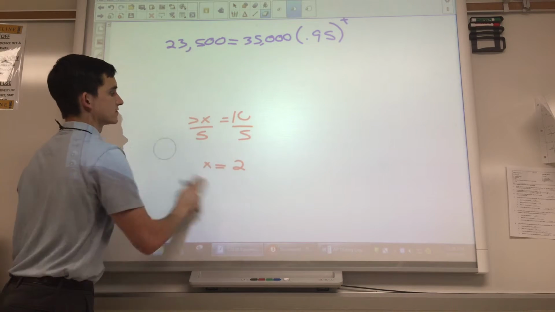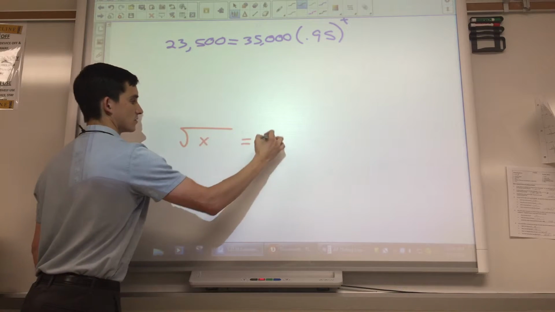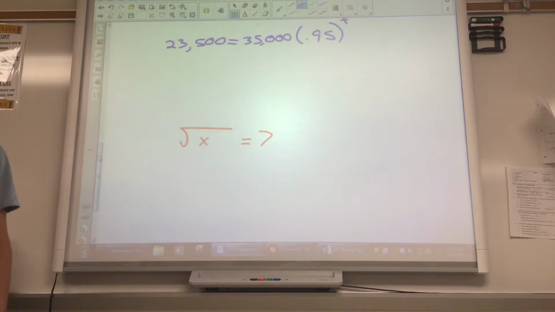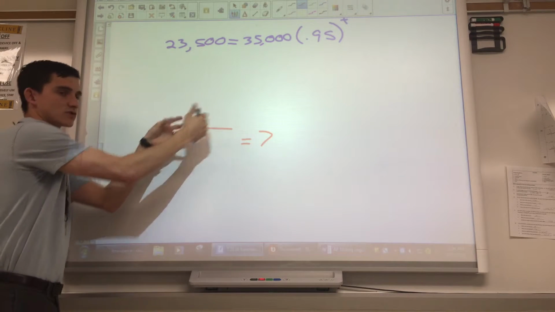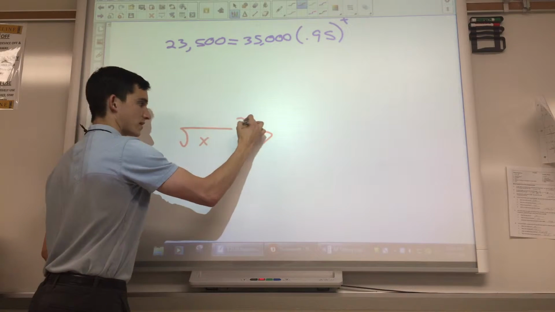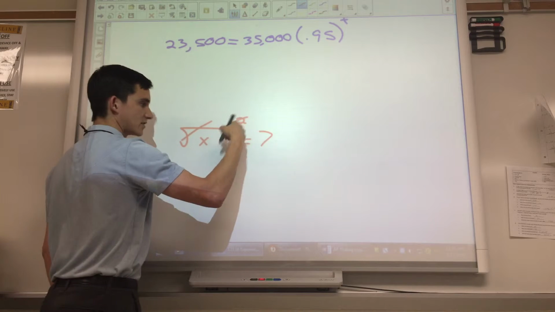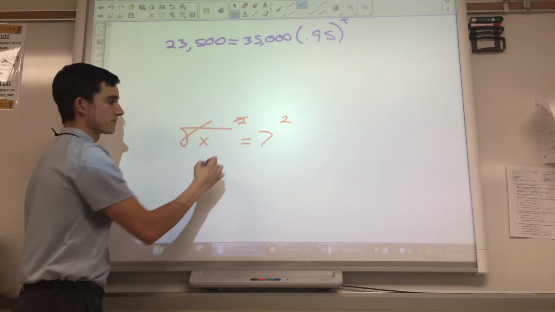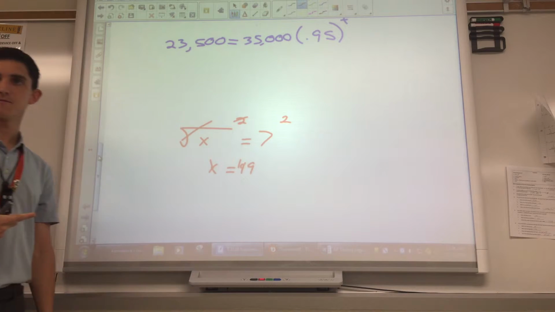How do I get rid of something like the square root of x equals 7? How do I get rid of that? Square. Right? To get rid of a square root, if I want to solve for x, I have to square. So when I square something, that's the inverse operation of taking the square root. And what I do to one side, I have to do to the other side, right? So x equals 49. Y'all good with that?